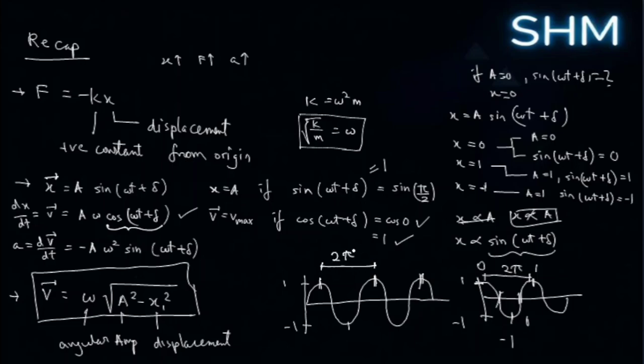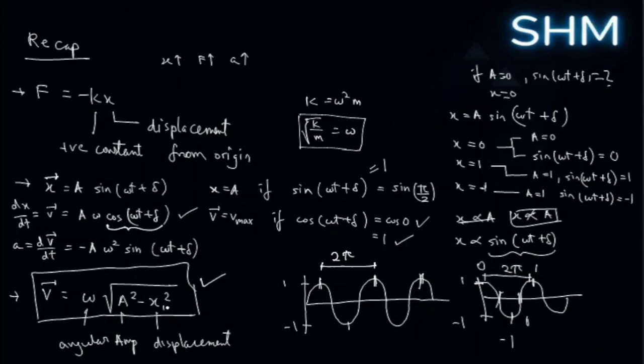Now acceleration is the differentiation of velocity, or rate of change of velocity with respect to time, and you have minus a omega squared sin(omega t plus delta). All this aside, we also came across this in the previous session, where velocity equals omega multiplied by the square root of a squared minus displacement squared.